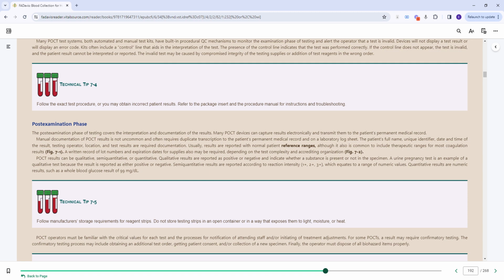So there could be +3 white blood cells or +2 blood present in the urine. So again, semi-qualitative. Yes, it's a positive or a negative. You know that there is some present, but how present is it is the intensity.